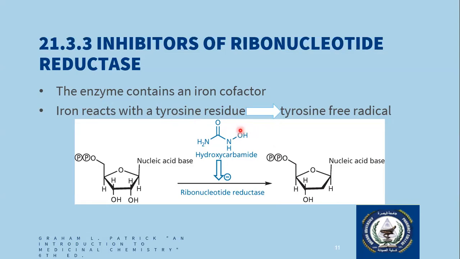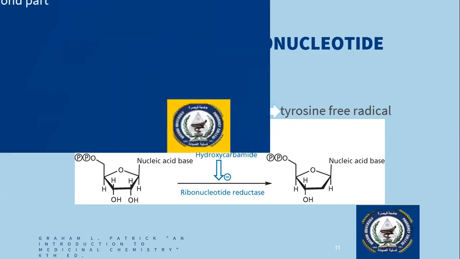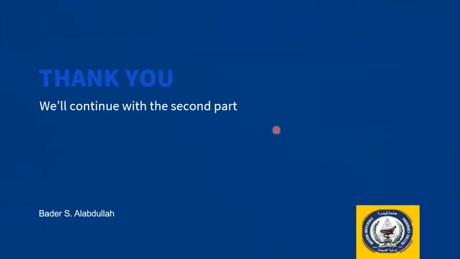Because it has a lone pair of electrons here, a lone pair of electrons there, also on the nitrogens. So those will make bonds with iron. Okay, this is it for the first part, and we will continue with the second part in a minute. See you later.